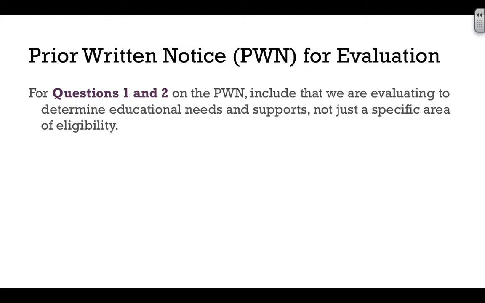We don't just evaluate to determine eligibility under a specific disability category. Before going on to the next slide, take a few moments to write down your answer to this question. Where on the prior written notice would you document that an interpreter will be used during the assessment process and for communication with the family?